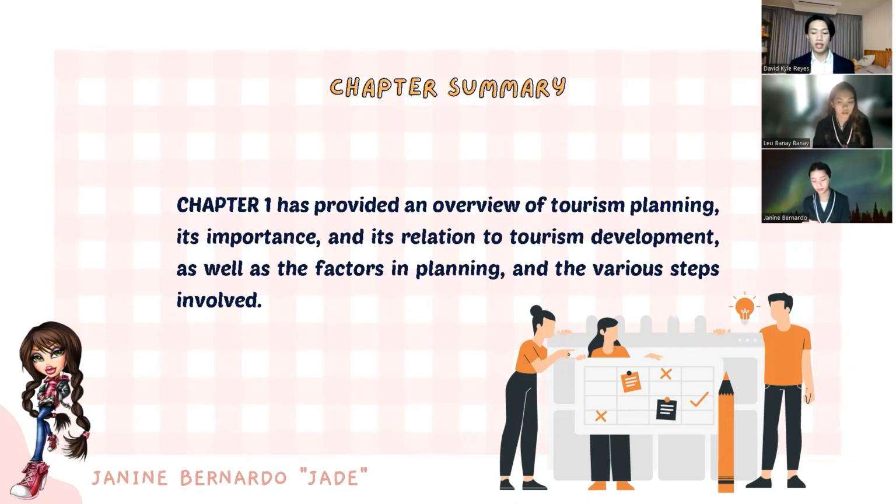It includes both external factors in the macro environment and internal factors in the planning unit's microenvironment. The steps involved in the planning process, situation analysis, setting goals and objectives, formulating strategies, determining an action plan, and monitoring and evaluation, were emphasized. These steps lead to the components of a tourism plan, which must be aligned with each other. Next slide, please.